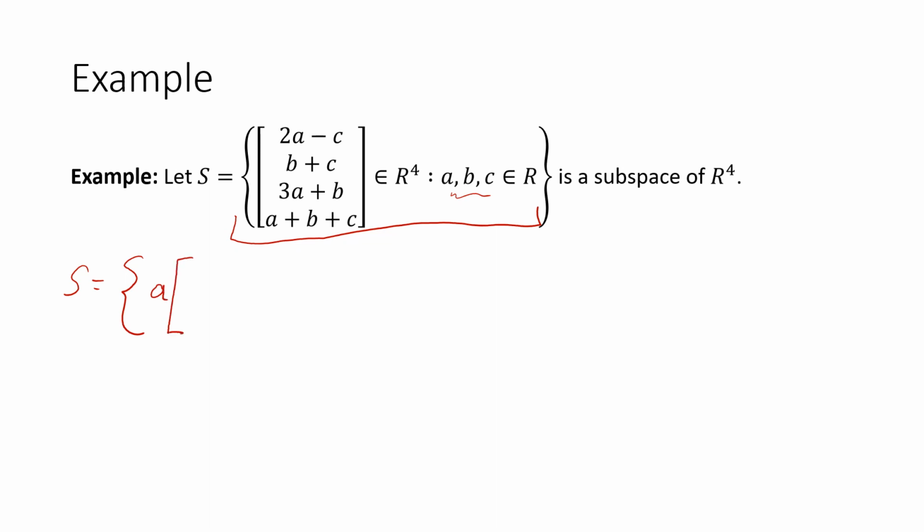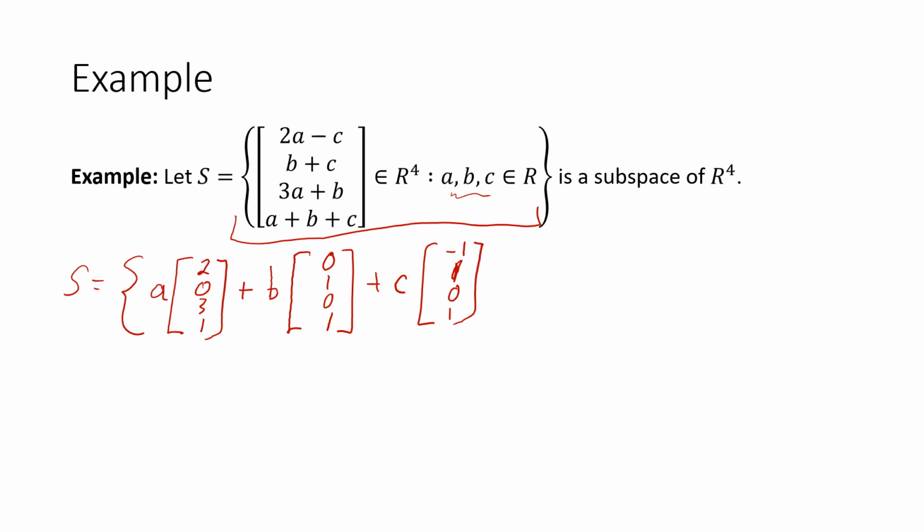It's A times (2, 0, 3, 1), plus B times, taking out all the B elements, (0, 1, 0, 1), plus C times (-1, 1, 0, 1), where A, B, and C are any real numbers. So this is giving us another way of describing the set S. We've just broken it up into its components.